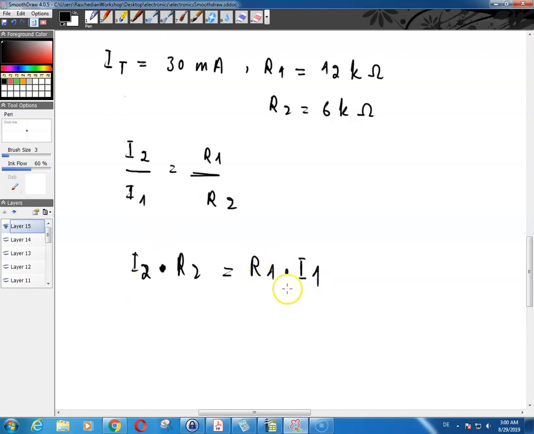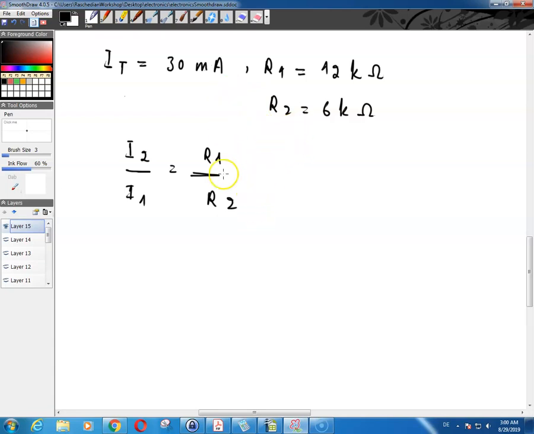So that's this relationship. If I enter my I(t) as 30 milliamps, then each of these currents is going to be in milliamps, and entering each of these resistors in kilo ohms, the milli and kilo will cancel out, and you will have no problem there. So again, you don't need to convert anything here.